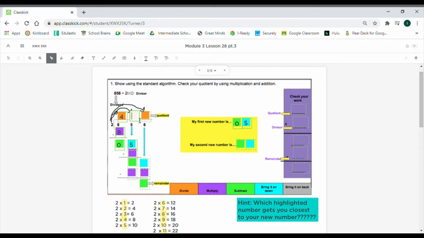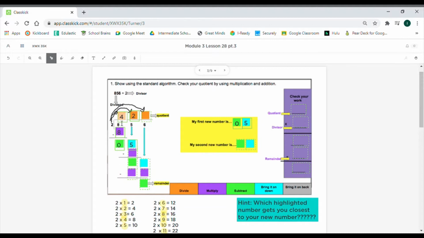If you said 2 goes into 5 2 times, you're absolutely correct. I know this because if I multiply 2 times 3, I get 6, which is bigger than 5. I cannot go over 5. Next is multiply. What number did we just put at the top? Yeah, 2. And what's our divisor? 2.